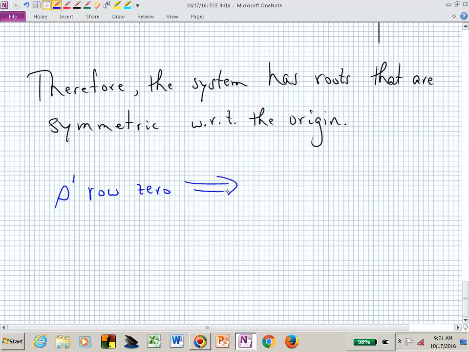And that means that the symmetry actually is associated with the row one row above it. That one contains the roots that are symmetric with respect to the origin. So the symmetry is from one row above.